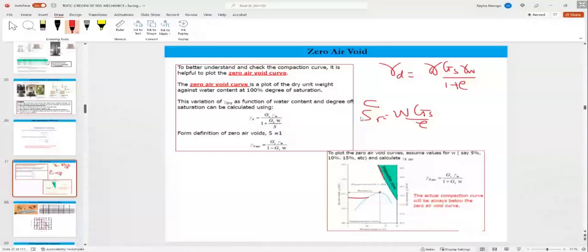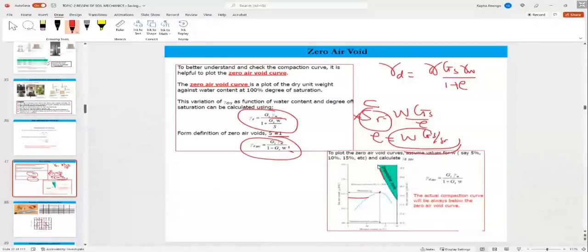Zero air void means the saturation is 100%. So we have the water content w Gs equals S r times e. You substitute here, and we get that. So the zero air void means the soil is saturated. That will be given by that. Then we get different water contents and plot that line. That's the line that we will never achieve.